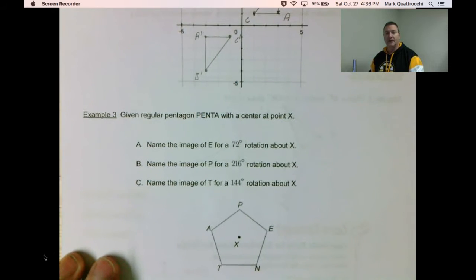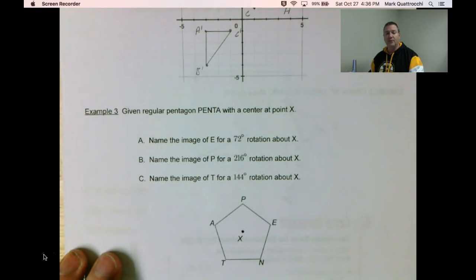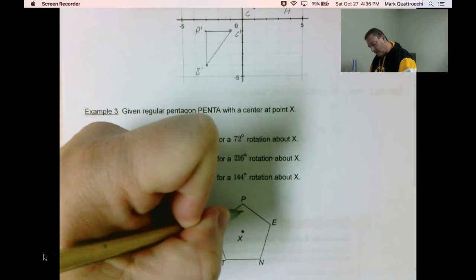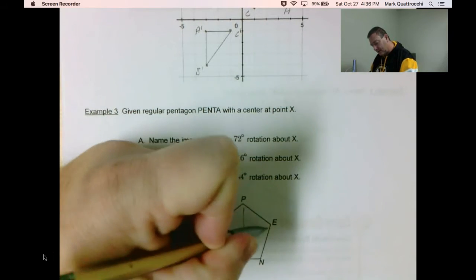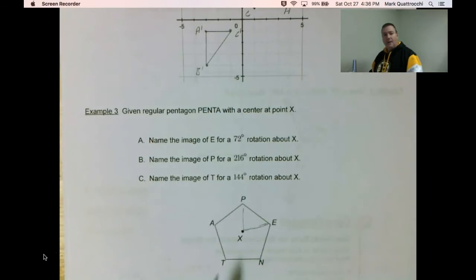Given regular pentagon, penta, with a center point X, name the image of point E for a 72-degree rotation about point X. 72 degrees may sound like a random number, but it is not. If I draw in the central angle here, EXP, there are 5 of these central angles as we go around this pentagon.